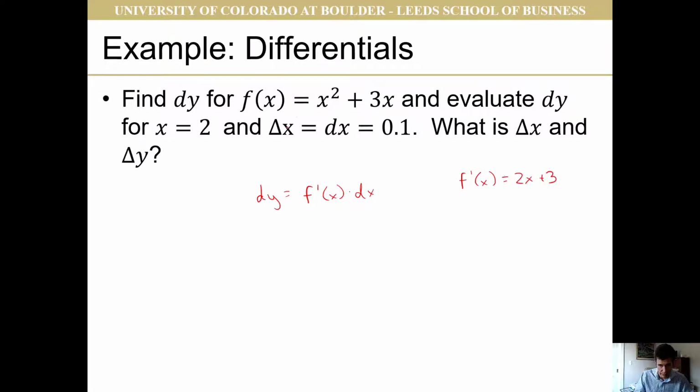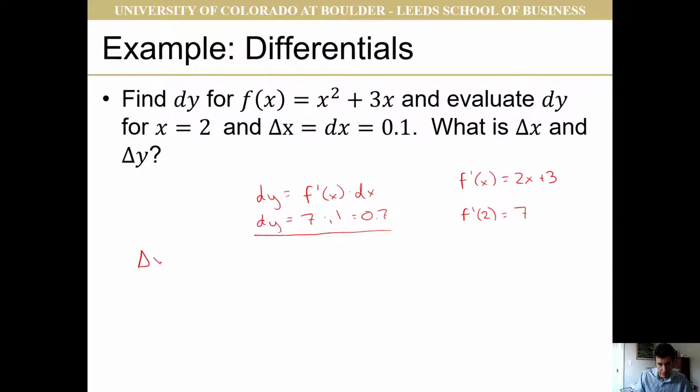X squared, bring the exponent down, so we get a 2 times x to the 2 minus 1, which is 1, plus 3. We want to evaluate dy for x equals 2 and dx equals 0.1. Well, f prime of 2 is equal to 7. So dy is equal to 7 times 0.1, or 0.7. So there's dy.